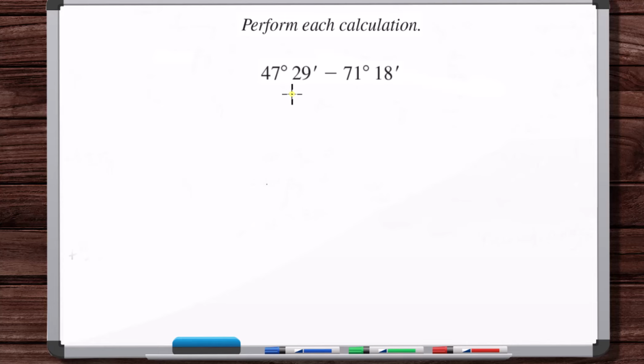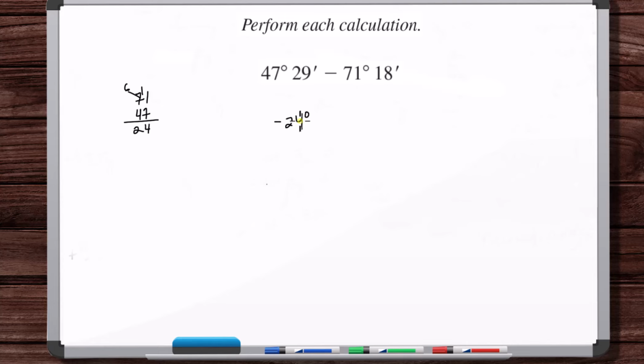But we just need to be a little careful because, okay, if we just think about subtracting 47 degrees from 71 degrees, that's 24 degrees, so that's going to be minus 24 degrees.